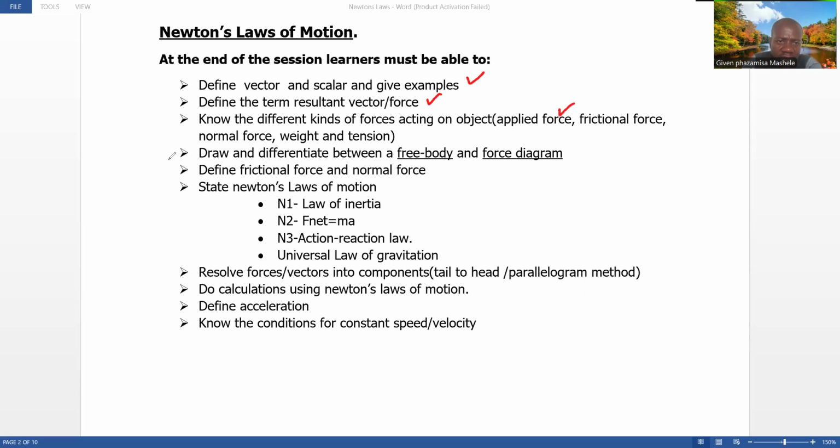Now we're going to talk about how you must differentiate between a free body diagram and a force diagram. Let's consider the same object which was stationary. How many forces were acting, by the way, on the table? We said there are two forces. The first one was what?